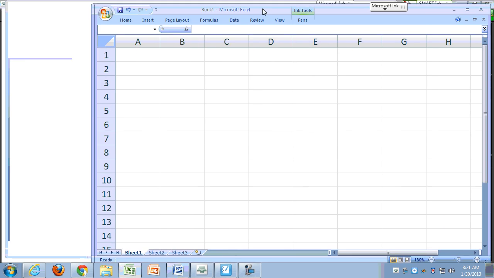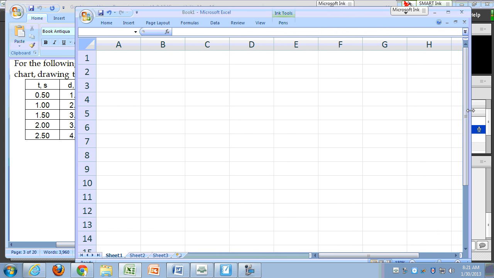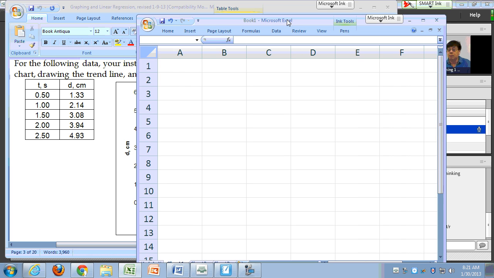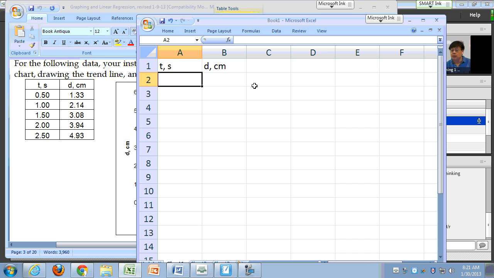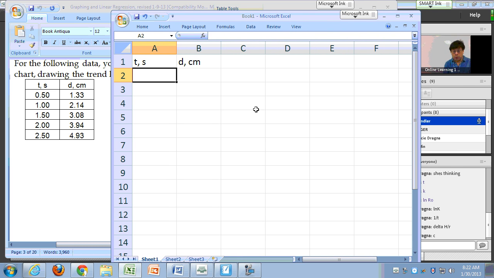So I'm bringing up Excel. First thing you need to do is tabulate your data points. So it's best to just start off at the left side. So here I have time in seconds. And over here I have distance in centimeters. So I'm going to enter my time. So it's 0.50, 1.00, 1.50, 2.00, 2.50.